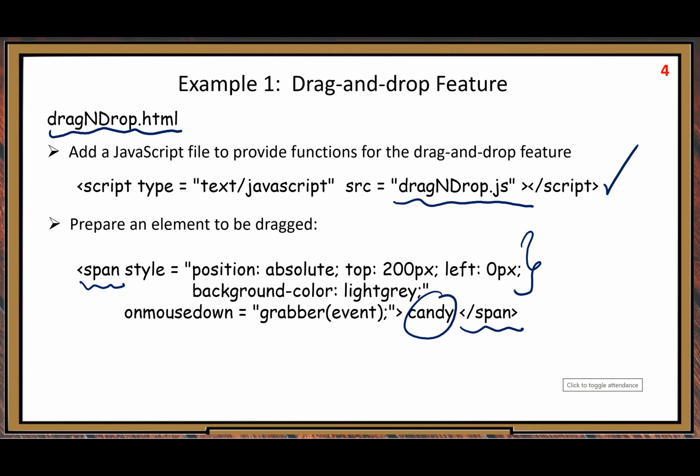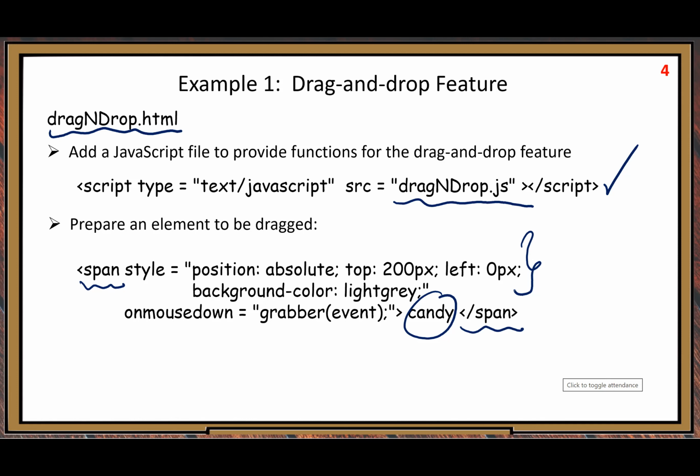Here you see the CSS rule for the style information. If you're not familiar, just go to W3 Schools to learn. If you have questions, just ask me and I will explain to you.